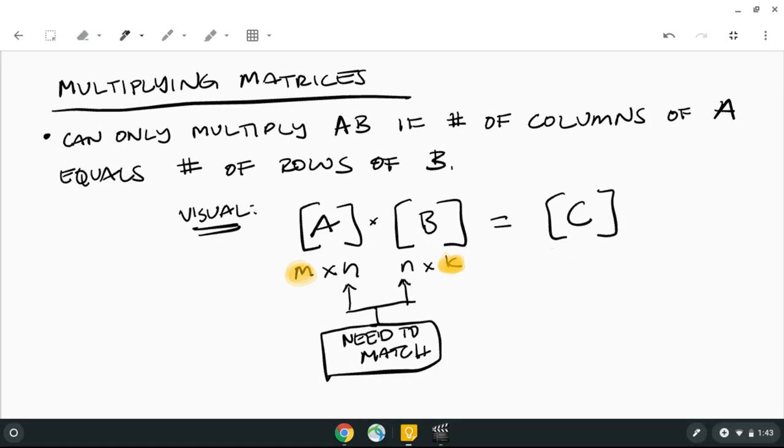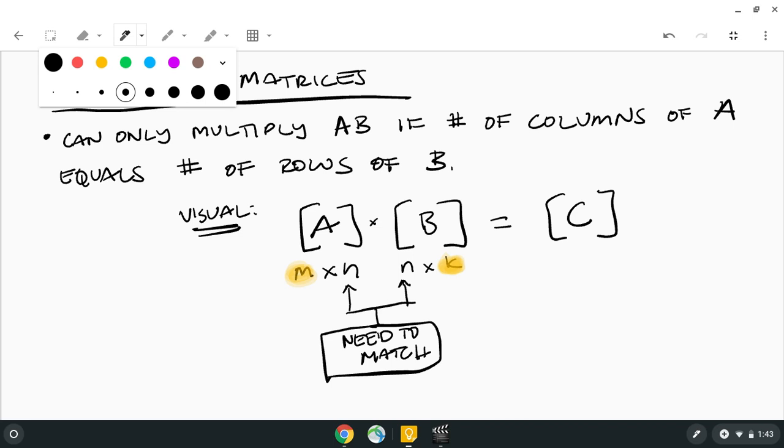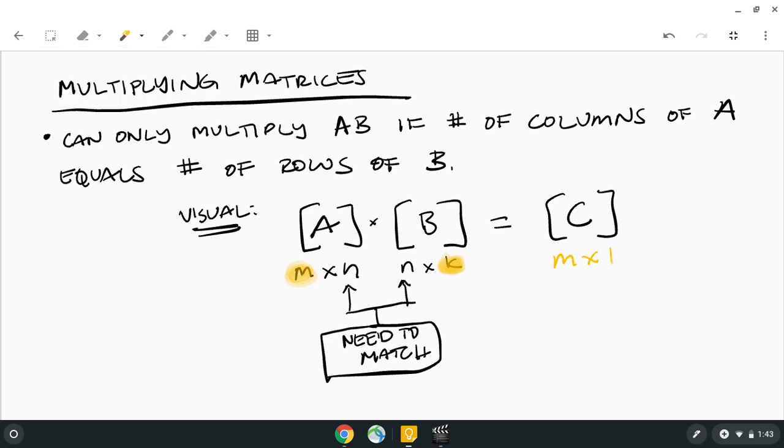All right, so that is going to be an M by K matrix.